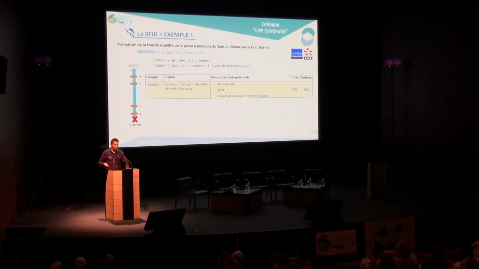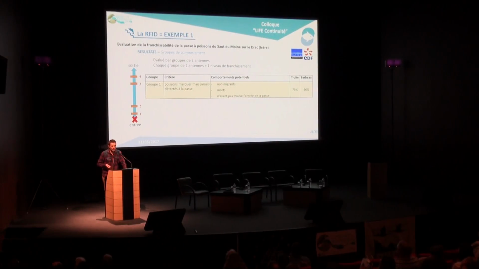For the movement, the displacements, we can define different behavior groups. In the first group was about fish that we never detected, so fish which died during the manipulation period, or they were fished maybe, and also fish which didn't find the entrance of the fish pass.